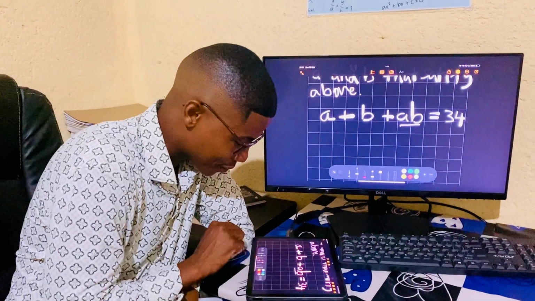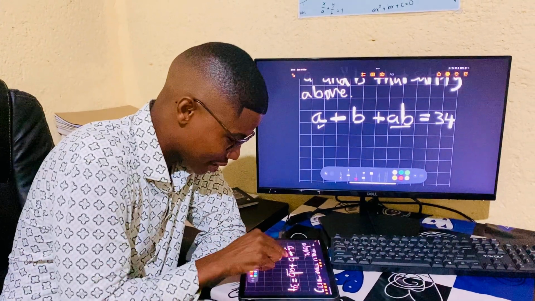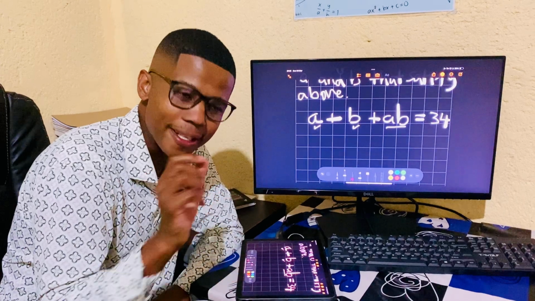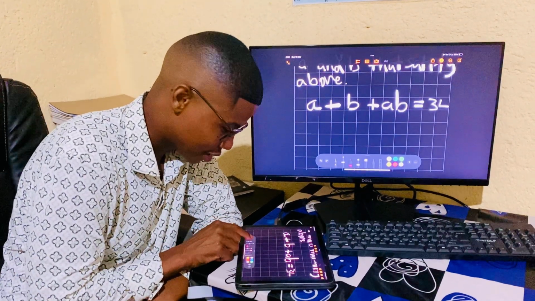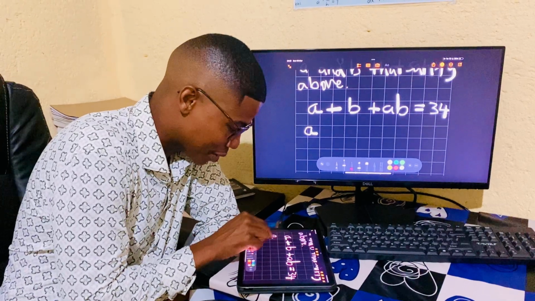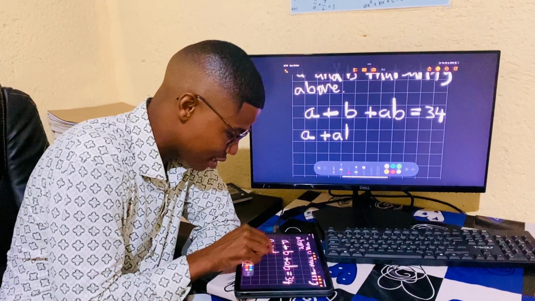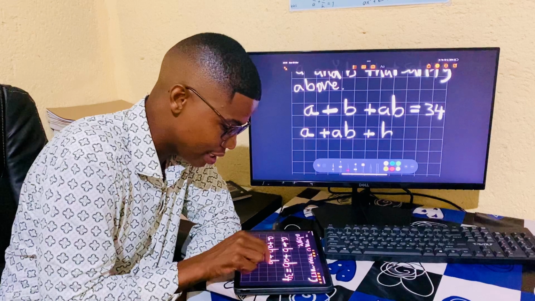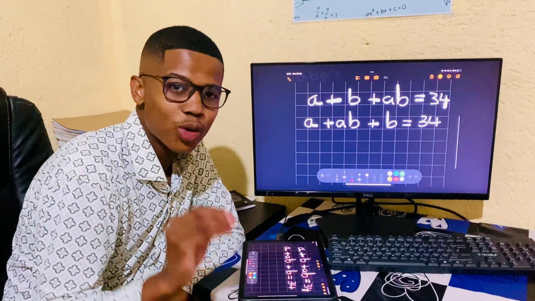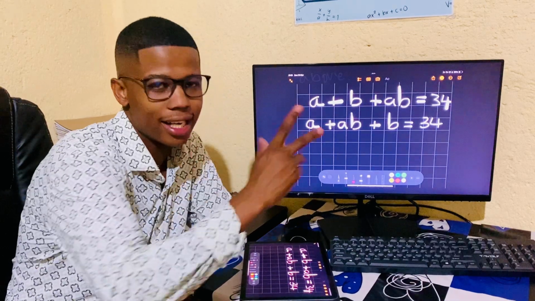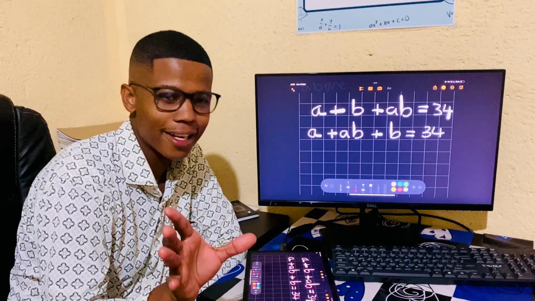This term is common to that term because there is AB, right? So I'm going to rather write this as A plus AB plus B equals 34. Remember, summation is commutative. You can always rearrange terms as long as you don't change the sign.